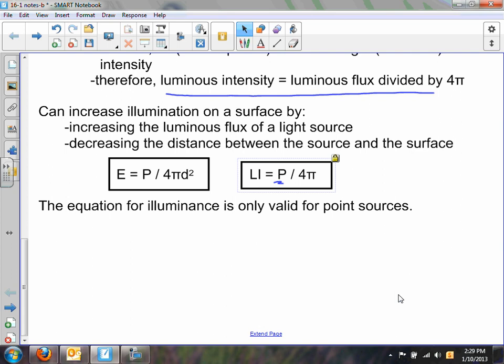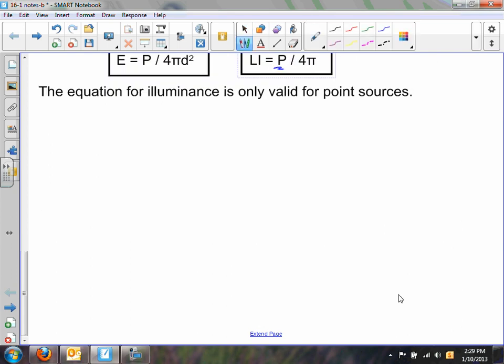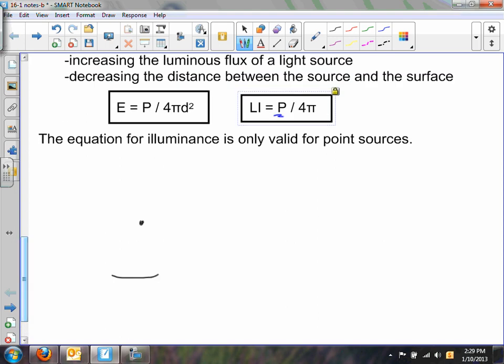Now the equation for illuminance is only valid for point sources. What that means is if I've got a light bulb and I want to figure out the illuminance out here, no problem, because we know the light goes every possible direction, so I can measure how much light falls on this table.